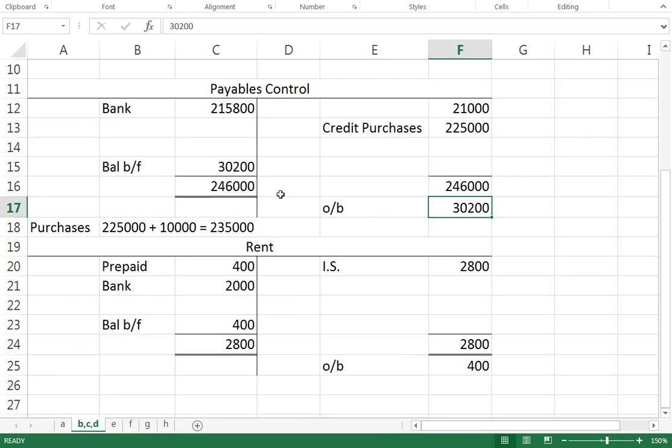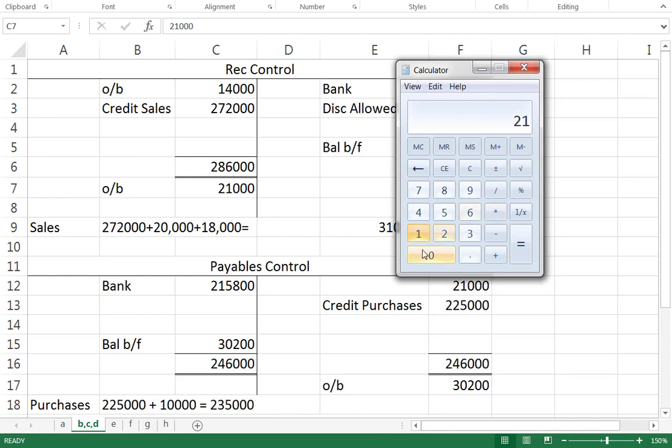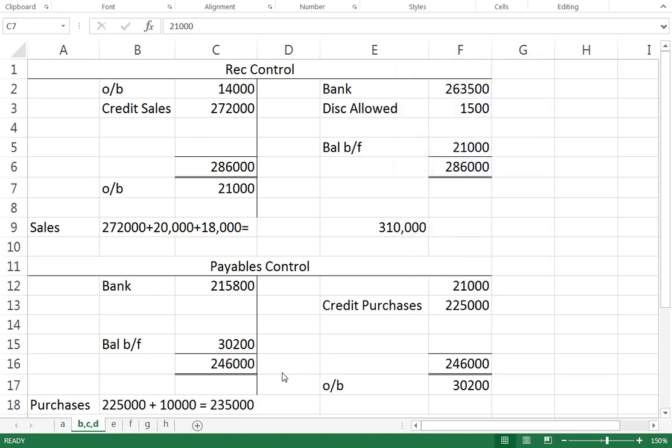Let's go back and find our receivables figure then. We've got our receivables balance of 21,000. It wants us to do a 5% allowance for receivables. That's going to be 21,000 multiplied by 0.05, or 5%, so 1,050.